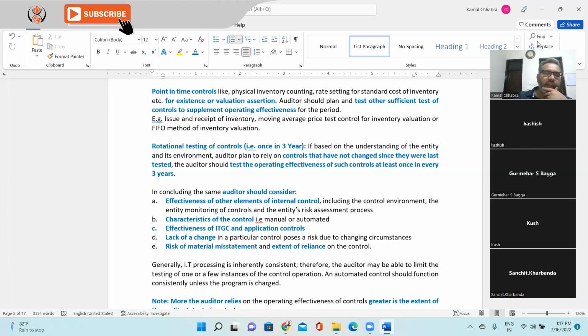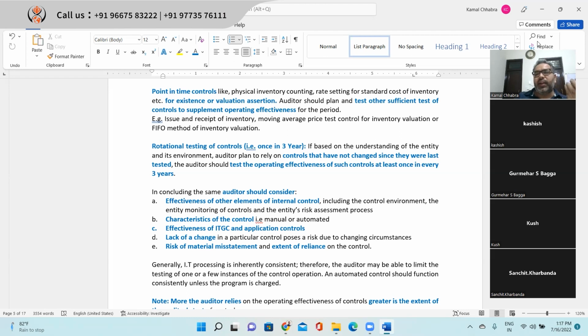Like every year management does standard costing, especially in big manufacturing companies, to calculate the cost of an individual product, because if they know the costing, then only they can fix the price, right? Yes. So they should know what is the raw material cost, labor cost, overhead cost, right? And then on that cost they will add the markup to reach the sales price. So those cost calculations they generally do every year. Okay. Right?